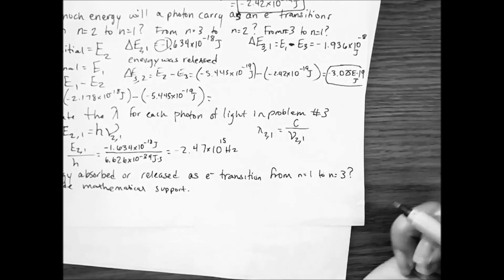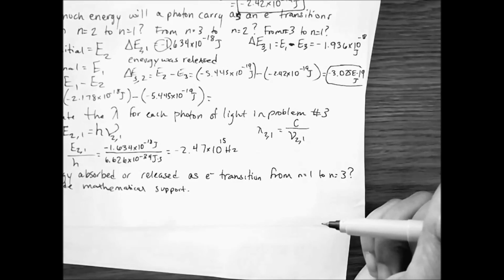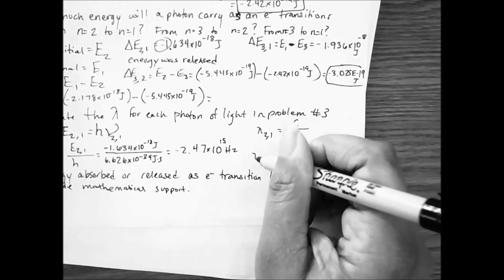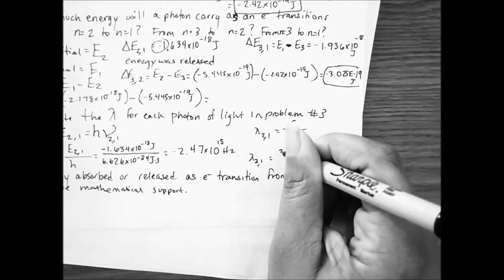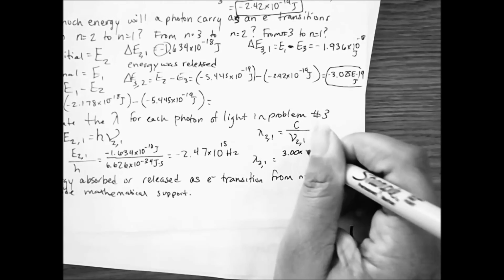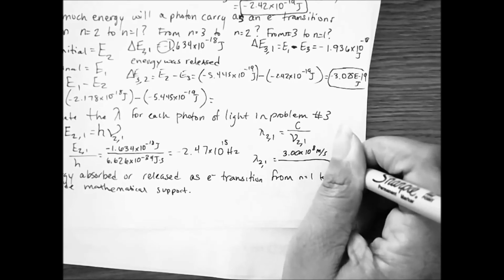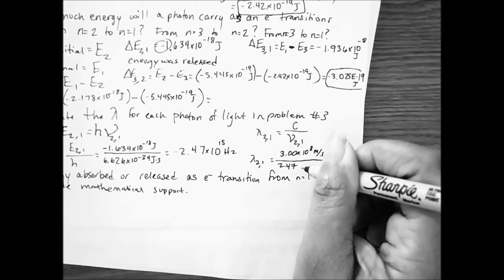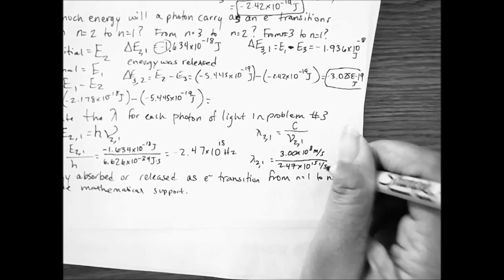And you would do this for all of the problems, because I'm running out of time and space. I'm only going to do the first one, but you could do the other ones. So going from the second ring to the first ring, speed of light is 3.00 times 10 to the 8th meters per second. And you divide by the frequency we just got, which was 2.47 times 10 to the 15th power hertz, which is inverse seconds.